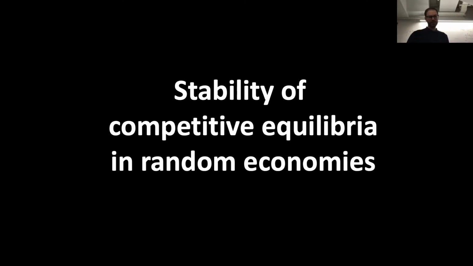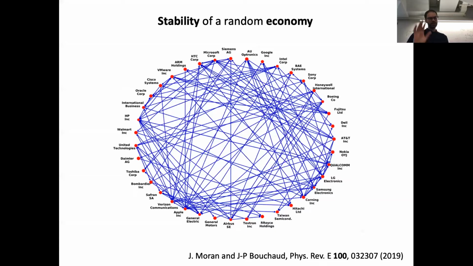Then I apologize, I might go very quickly through this, but there was this model by Moran and Bouchaud on the stability of random economies. Here, the network, basically, you have firms selling products to each other, and the network tells which products each firm buys from each other firm. Then they have a model that determines the firm sizes in a competitive equilibrium.